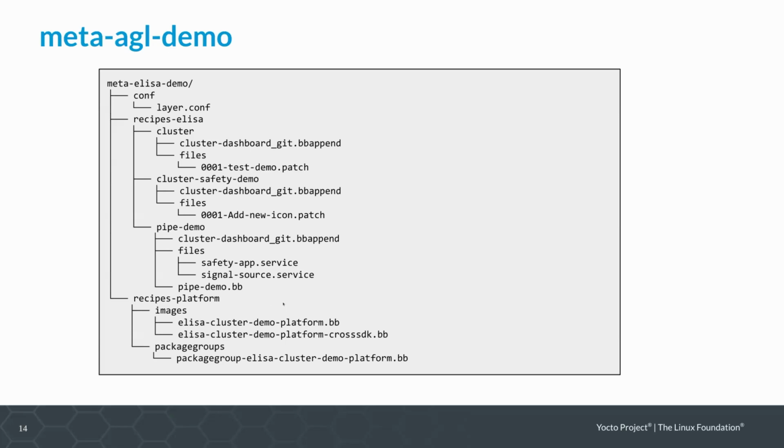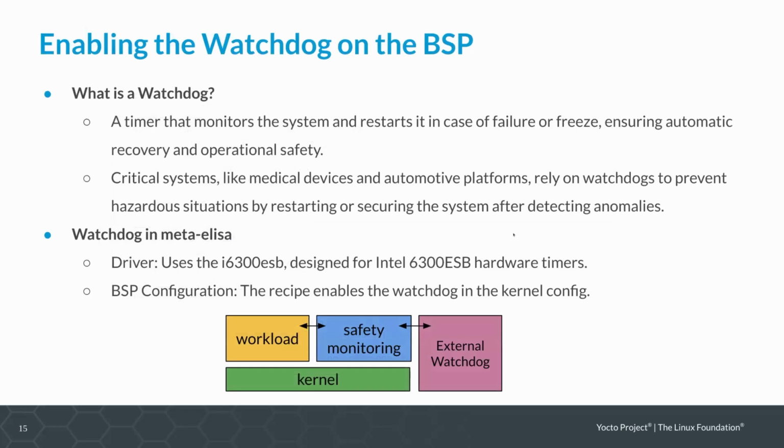Okay, there is this also. One critical part of this example, and also for ELISA, for the safety guidelines, is to incorporate an external watchdog in our systems. This is very common to be used in systems like medical devices and automotive platforms.